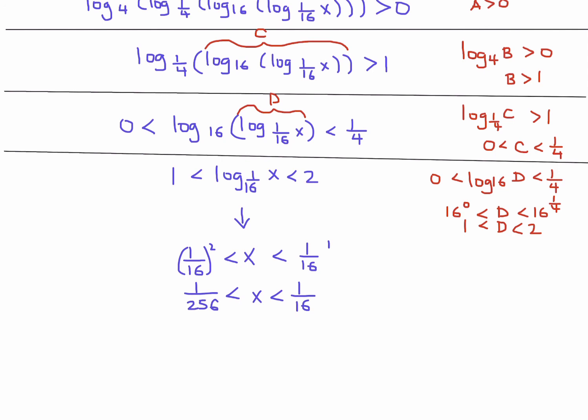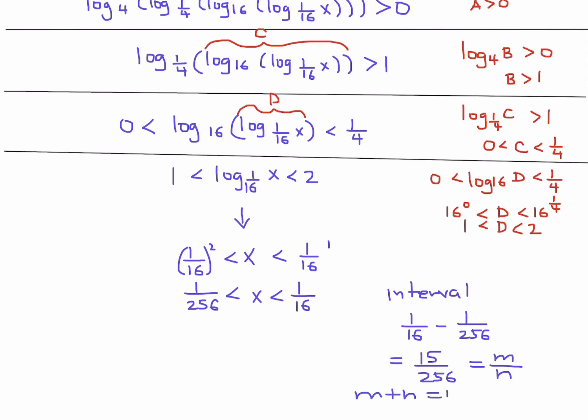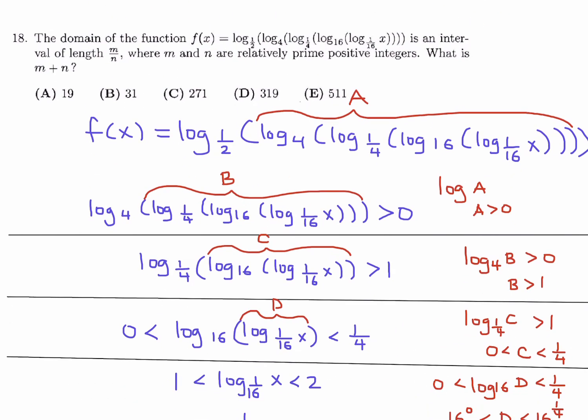So that interval that they're talking about is from 1/16 to 1/256. And if you do that math, you get 15/256. And this is what they're calling m/n. And therefore m plus n is 15 plus 256, which is 271. And that is the answer to number 18, choice C.